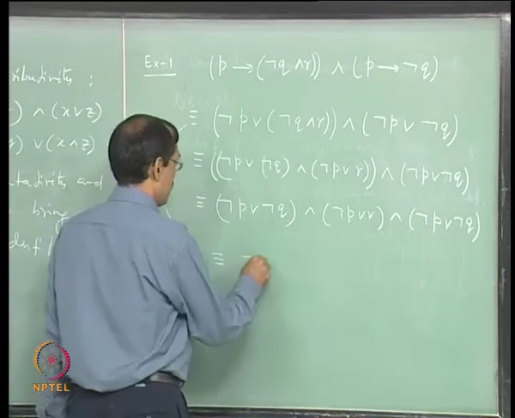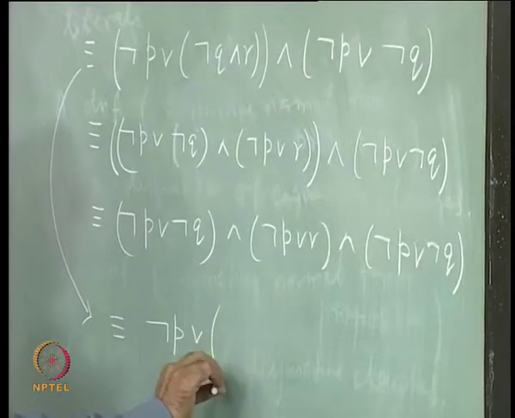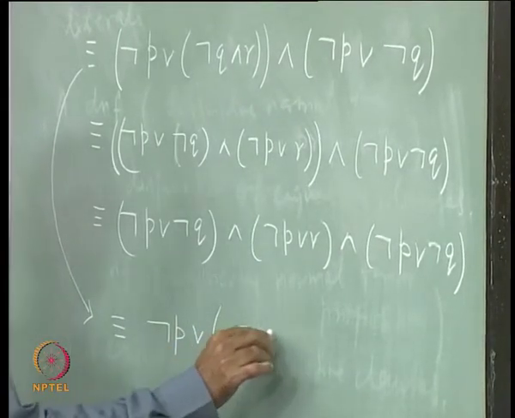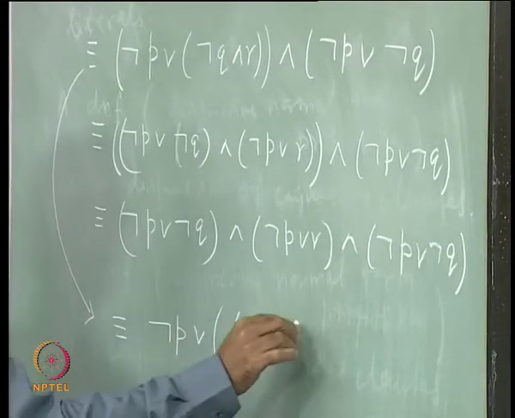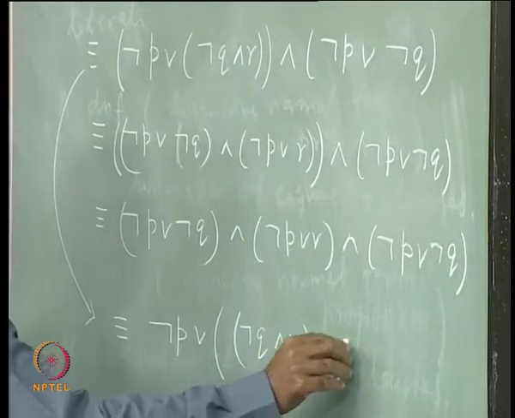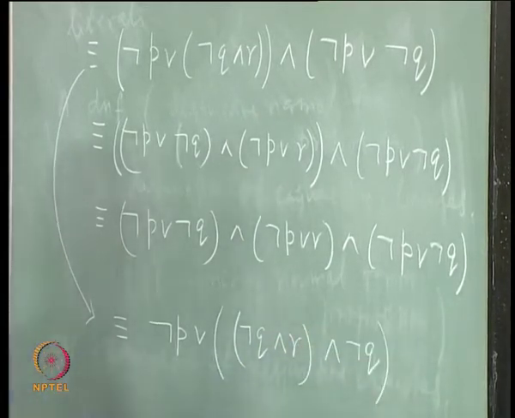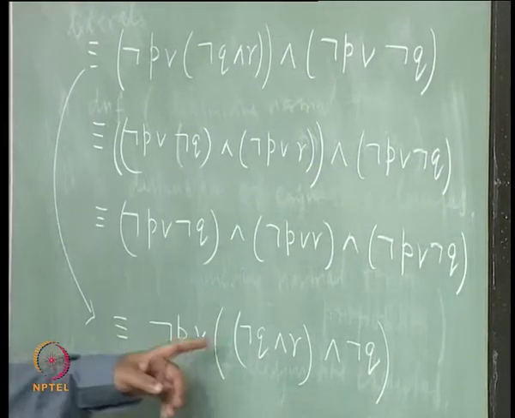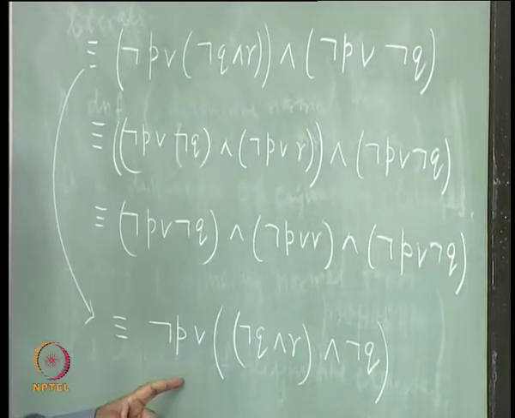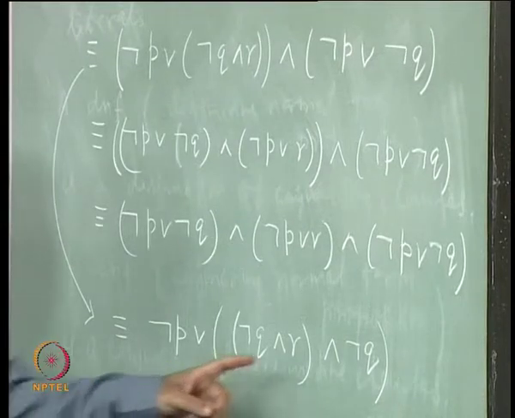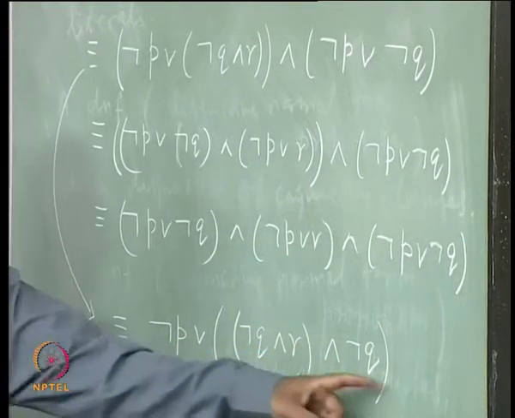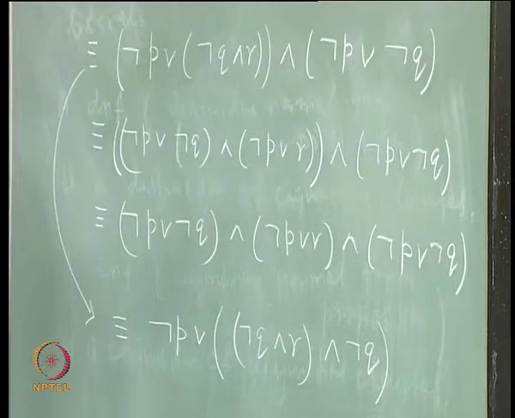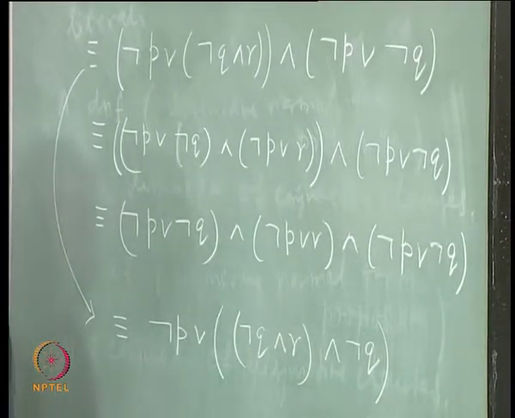It will be not P or not Q and R and not Q, is it right? You check it back, not P or not Q and R, okay, and not P or not Q, okay.